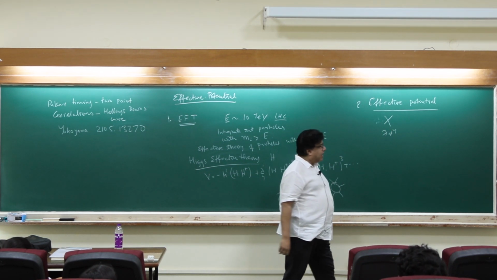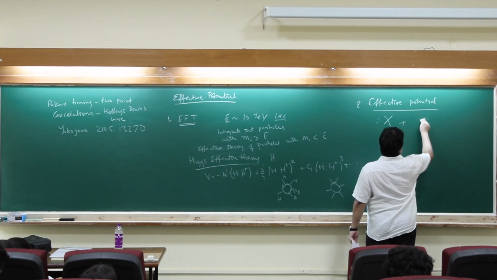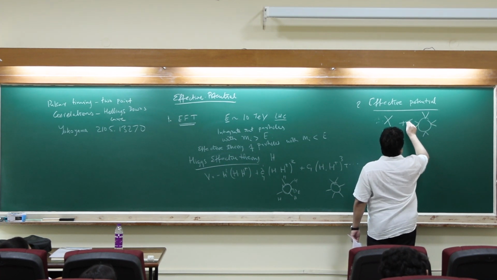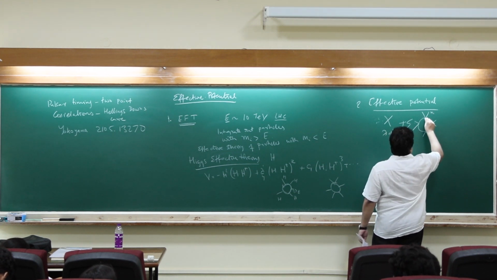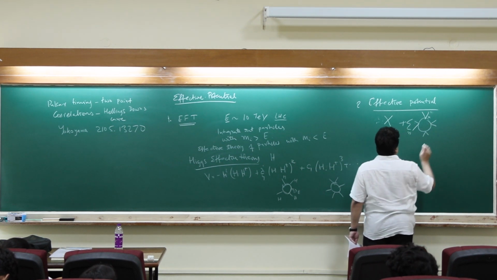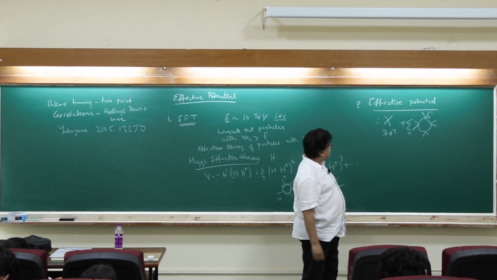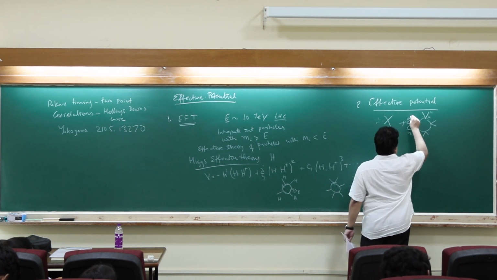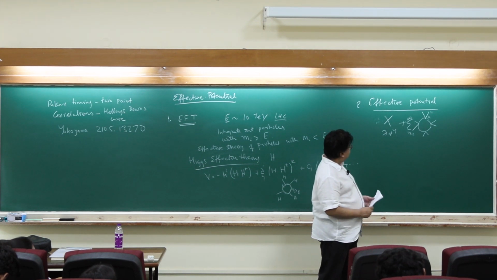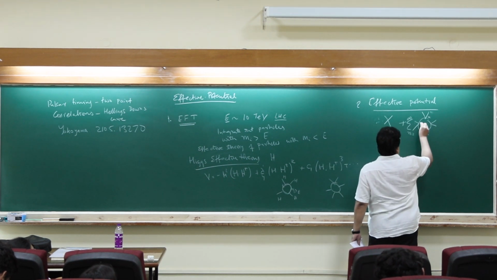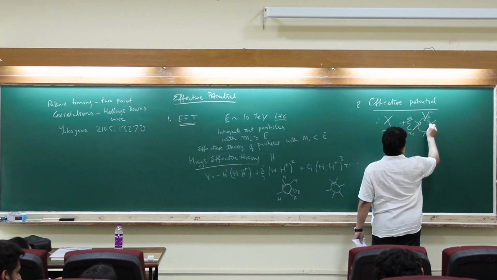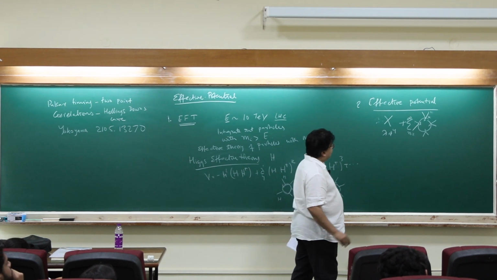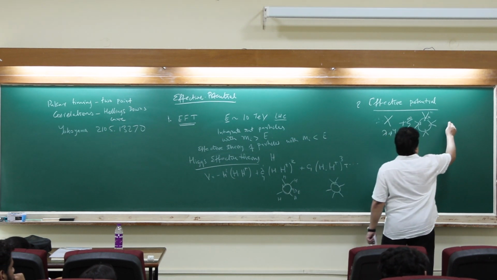Add to that n vertices. N equal to, so 1 is already covered here, 2 onwards. So n is the vertices. So you see these are quartic vertices with lambda at each place. Okay. And calculate what this potential is.